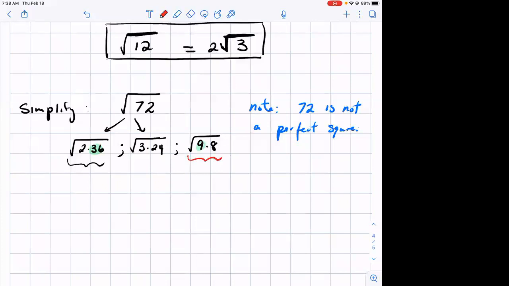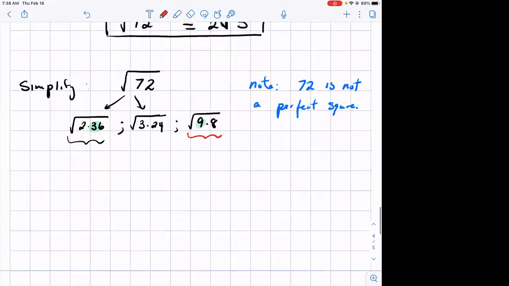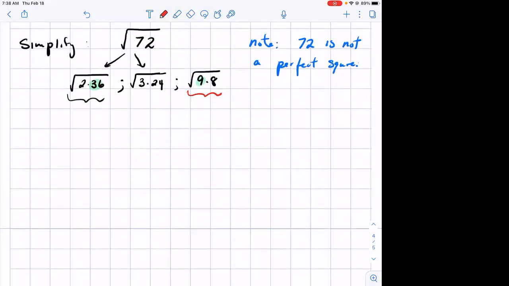Your problem becomes a little bit longer. You can use either. So let's see if we use the first one. And then I'll also show you. I'll do this problem twice using different factors, and you will see the difference.